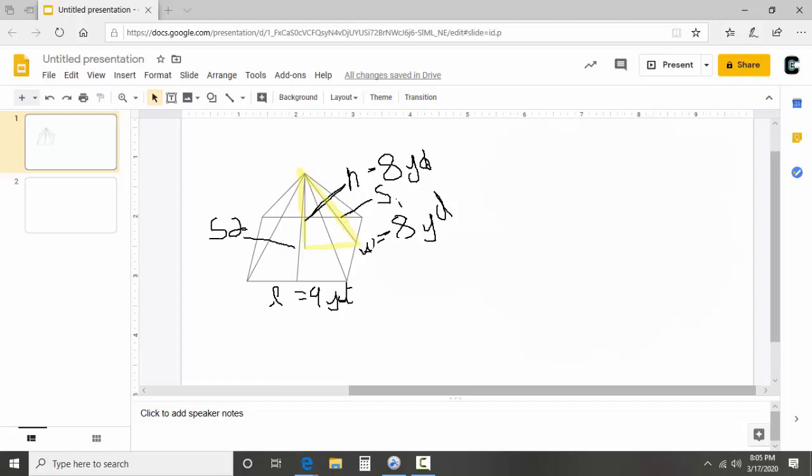We already know what one of the legs is. It's the height. Just mentioned it. And we already know what the hypotenuse is. It's S1. Okay. So what is this other mysterious leg, the one that I just connected the height to the S1 to?